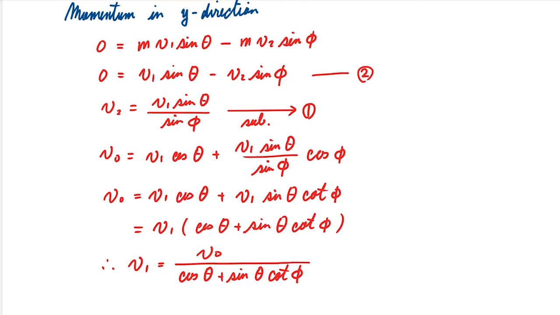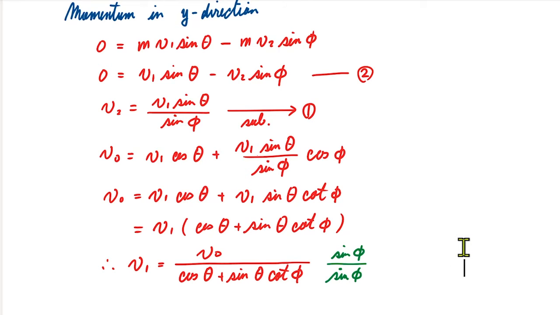Now, there's a much prettier expression. Cotangent is cosine over sine, right? So we multiply sine phi to the numerator and denominator. Had we done the common denominator earlier, then we wouldn't have to do it here.